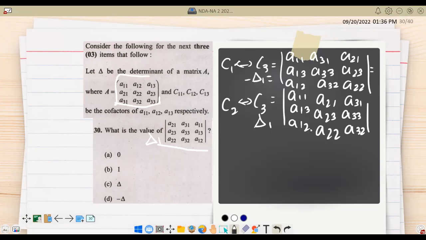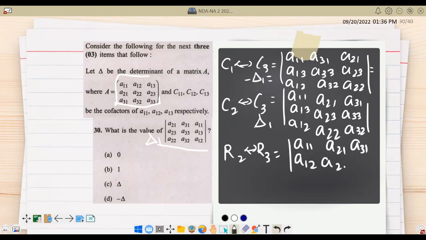Now I'll interchange row 2 with row 3. Now it will be A11, A21, A31, then A12, A22, A32, A13, A23, A33. Now this determinant value will become minus del 1.